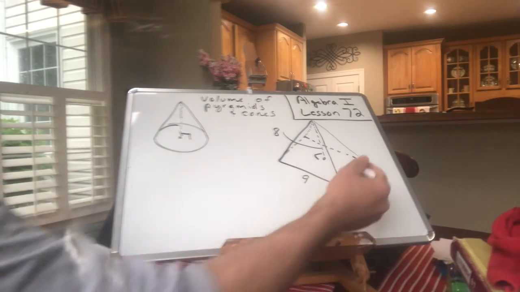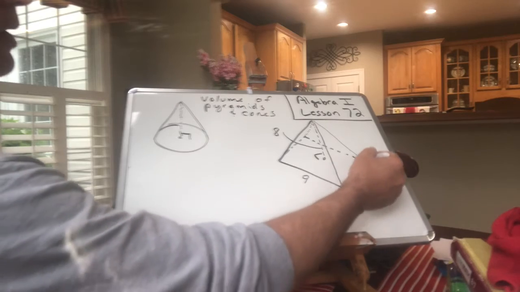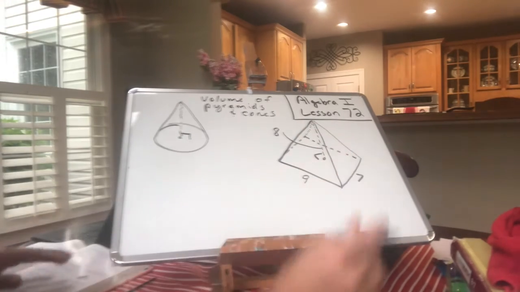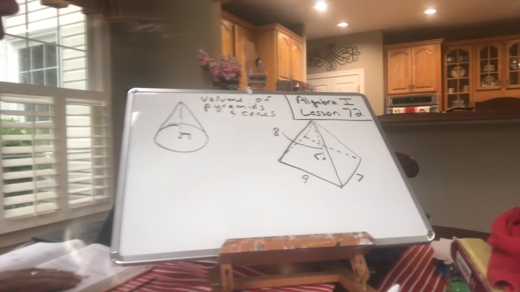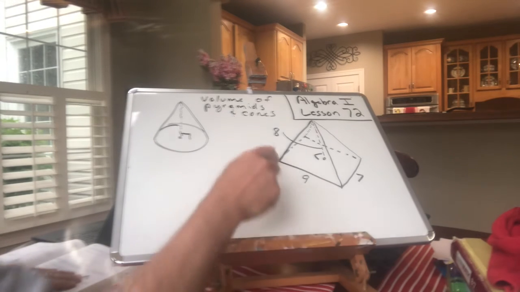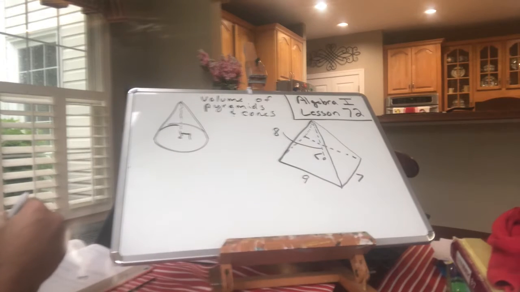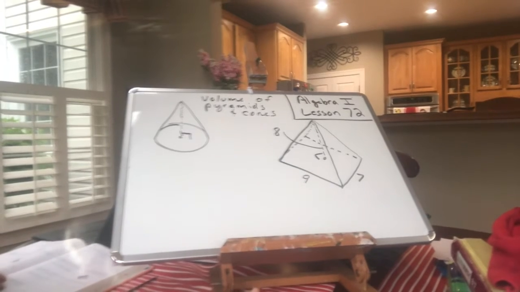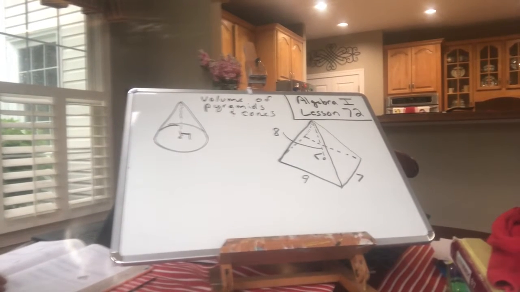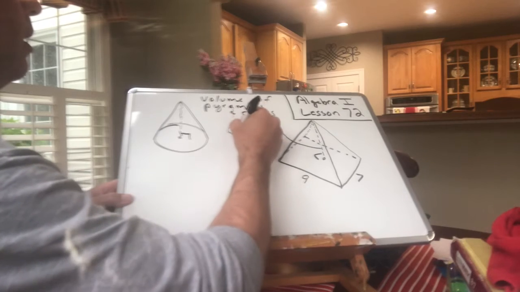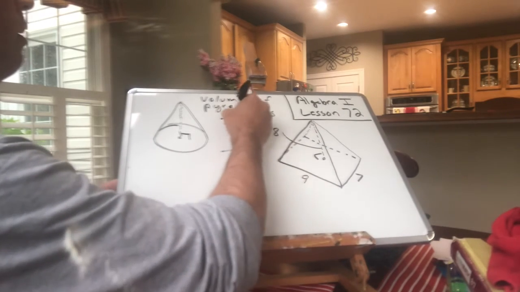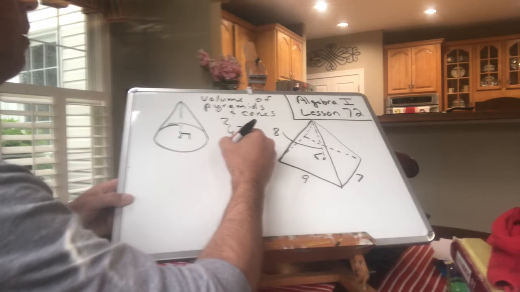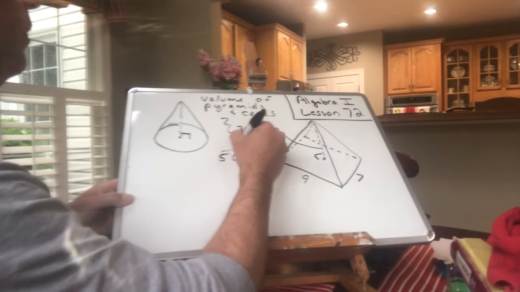The area of the base, that's easy to figure out, okay? I have a 9 and I have a 7, and that's gonna give me the area of this base. 9 times 7 is 63, right? Because I know the volume is area of the base times the height. The height is 8, so 63 times 8 is, let's see, 63 times 8, that would be 504.